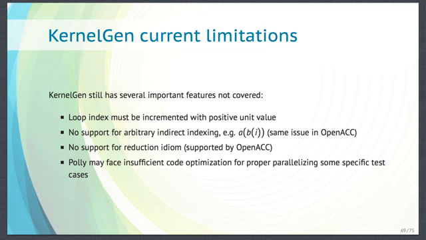Okay, so although we currently have a pretty functional prototype, there are some important features still not covered. Currently, we support only simple loops indexing. We don't support arbitrary indirect indexing, which is believed to be a very useful feature for sparse linear algebra or structured unstructured grid.